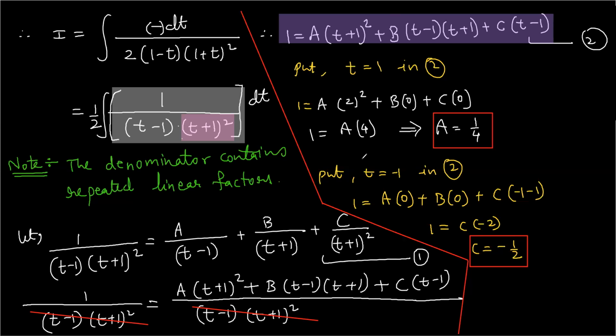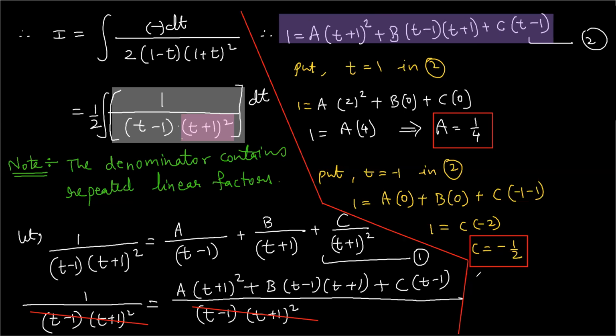I tell you, students, T equals 1 and T equals minus 1 have already happened. The next value I will put for T is 0. I will put T equals 0 in 2. You should not worry, because since you have already got the values of A and C, whichever T value you put will get you the value of B.